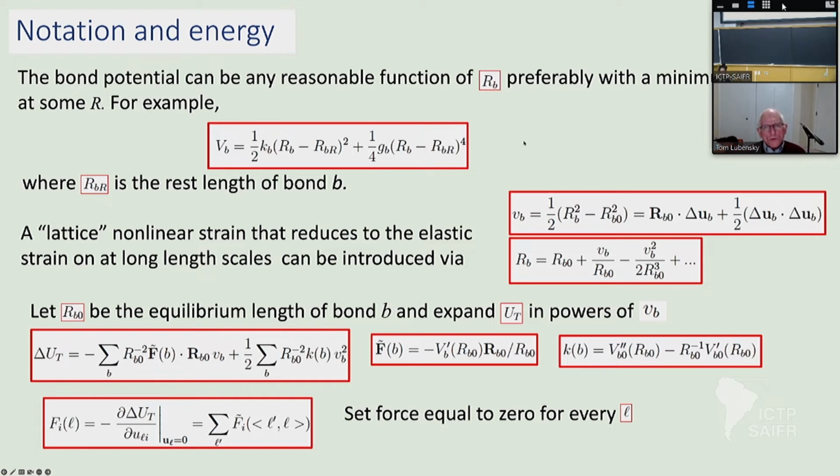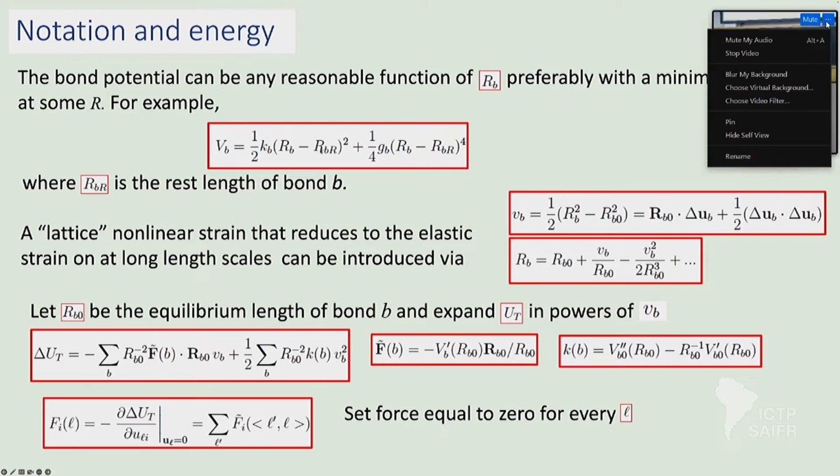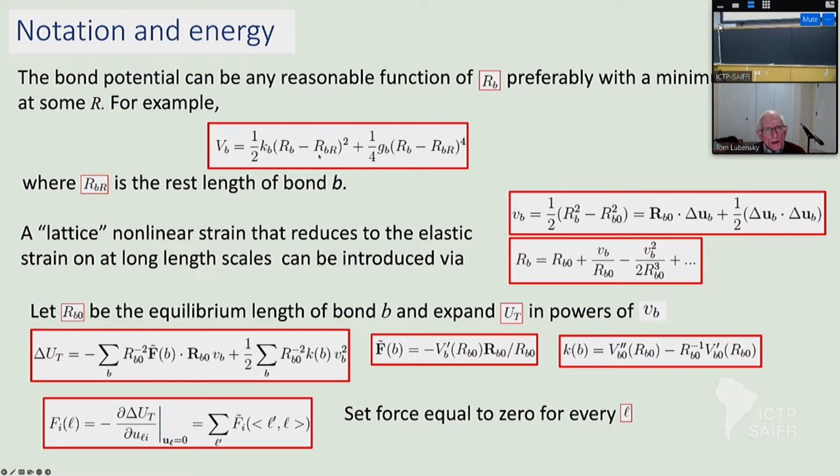So there are times when you can have tensions in the spring, even though the whole lattice is in a static mechanical equilibrium, and the positions of the atoms in the lattice are not such that they sit on R_b0. In other words, the length of the bond is not necessarily equal to the preferred length of the spring. But in the end, I'm going to simplify, and most of the time it will be the same thing as R_b0.